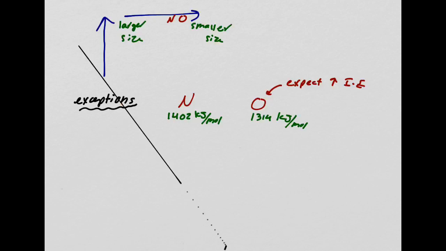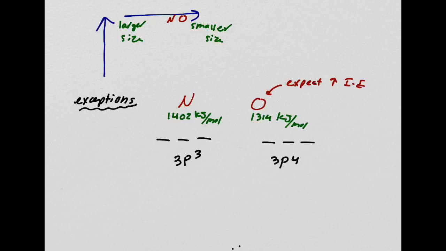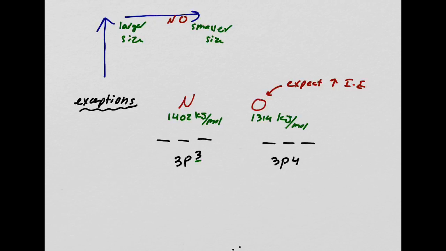Nitrogen is 3p3, oxygen is 3p4. Okay, so we know that p has 3 orbitals. We have 3p orbitals. Right here it has 3 electrons, so 1, 2, 3. This one has 4 electrons in the p orbital: 1, 2, 3, 4.